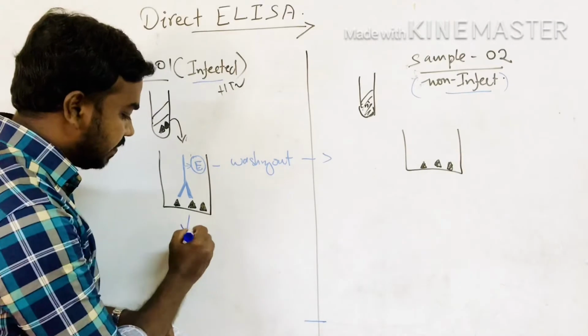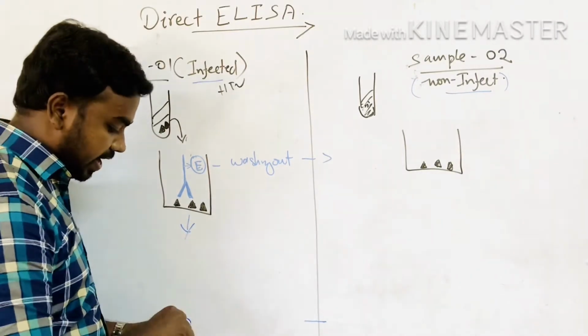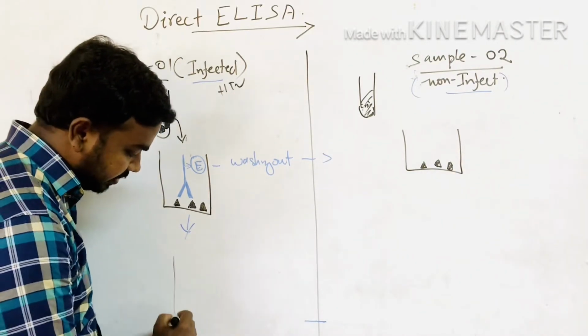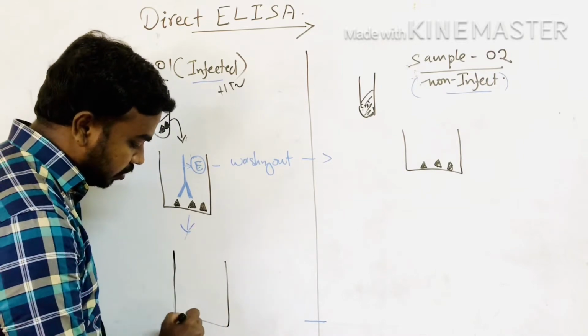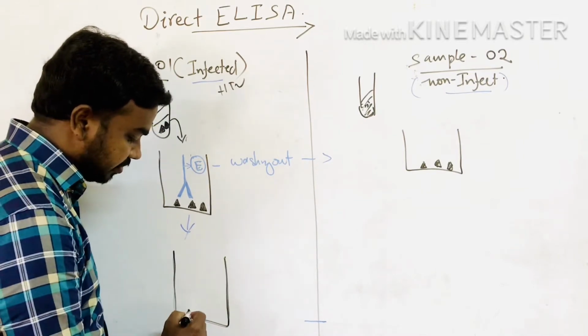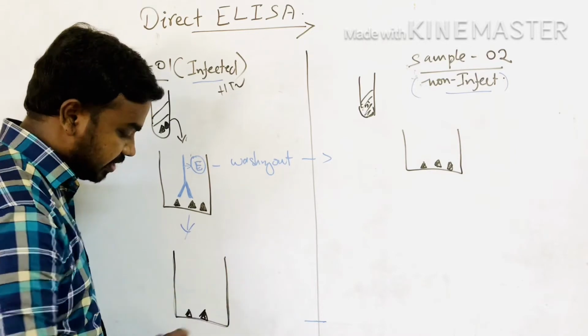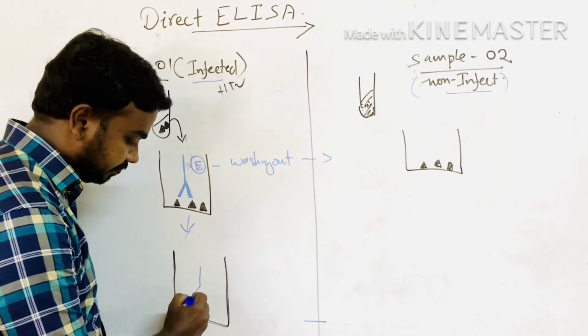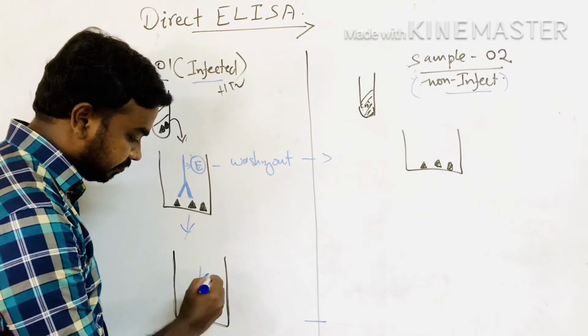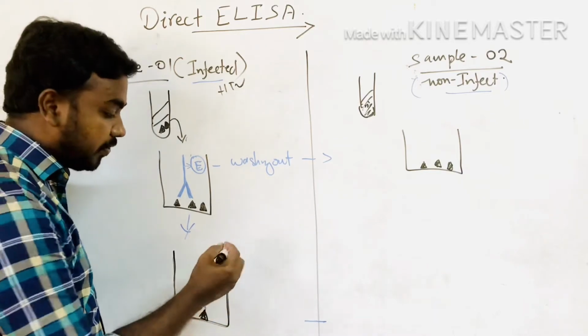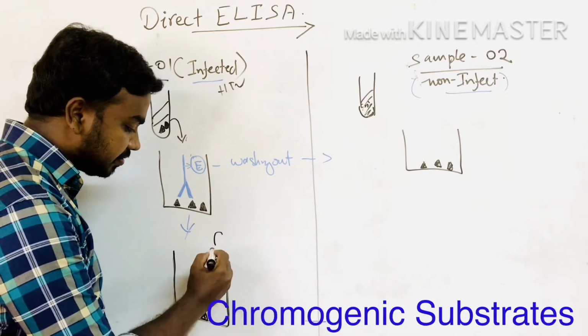Okay, the third step, we are going to add some substrate, I already told you, the chromogenic substrates. So already these reactions happened here. Now additionally I am going to add some substrate.